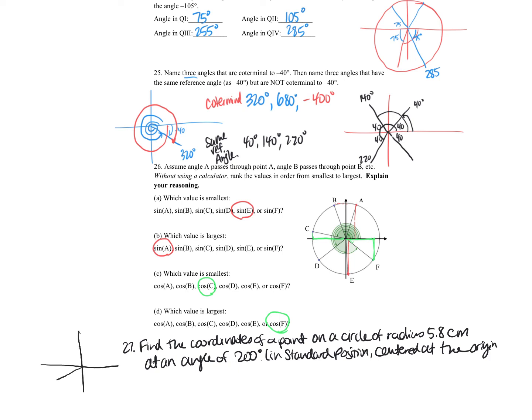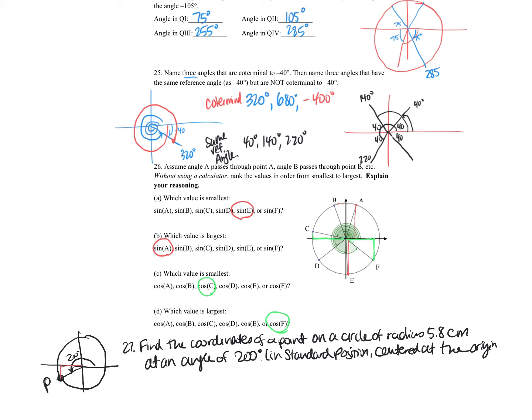You have this 200-degree angle, and you have a circle. We're looking at this point right here, the coordinates of that point, P. The first thing we might want to notice is that the x-coordinate of this point P is going to be negative, and the y-coordinate is also going to be negative.